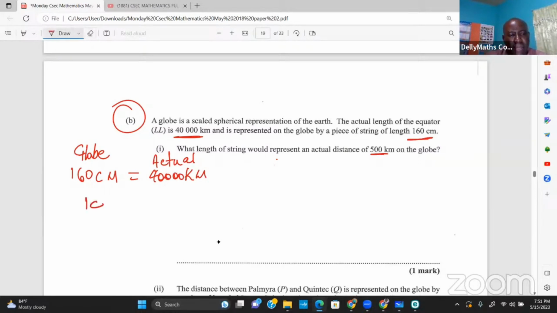So then for 1 centimeter, I'm going to divide this by 160. So I have the link between 1 centimeter on the globe and actual. 40,000 divided by 160 shows that 1 centimeter would represent 250 kilometers in reality. 1 centimeter is 250 kilometers in reality.